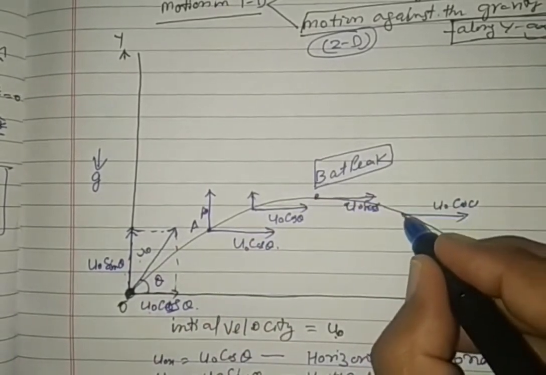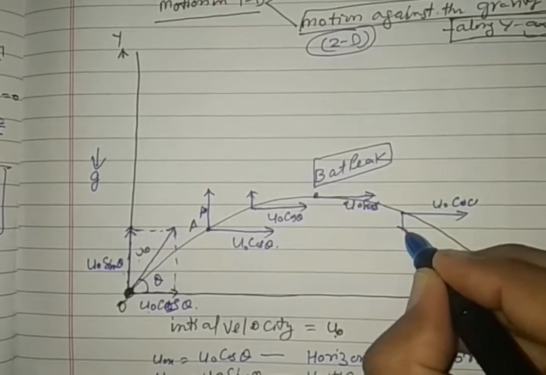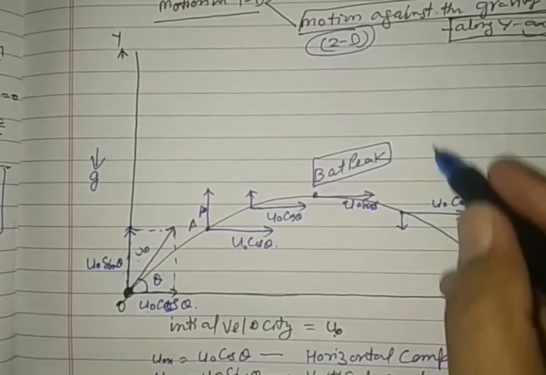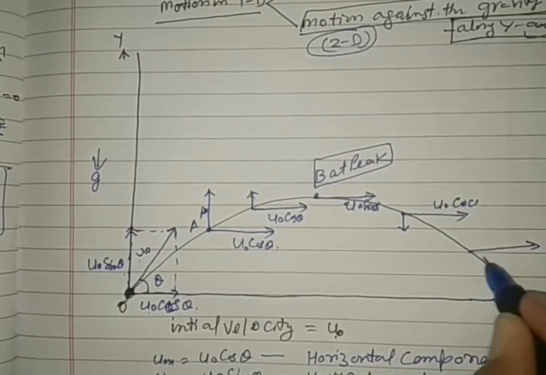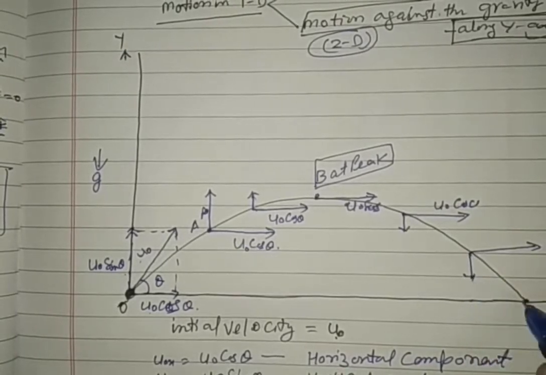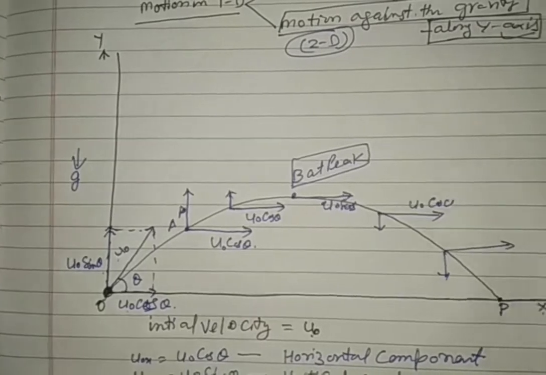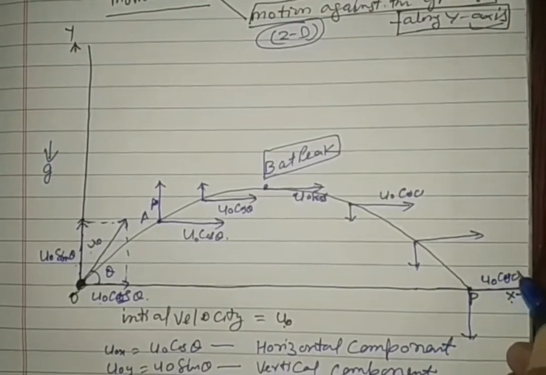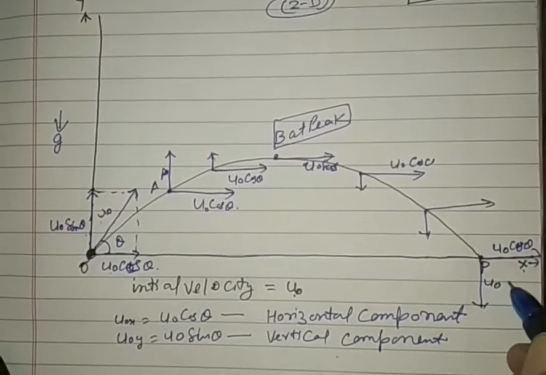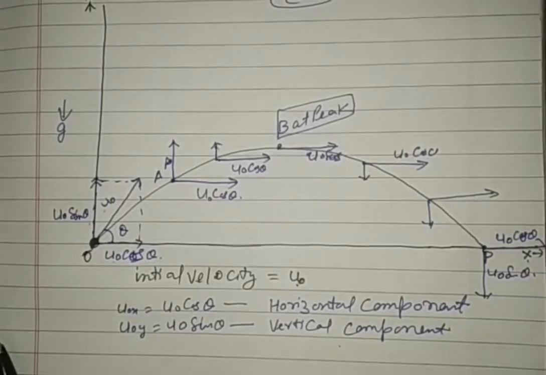Now it starts to increase in the forward, downward direction because gravity is acting down. It increases, and after increasing it again becomes u naught sin theta.